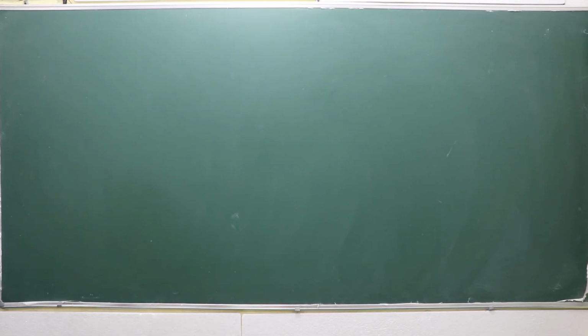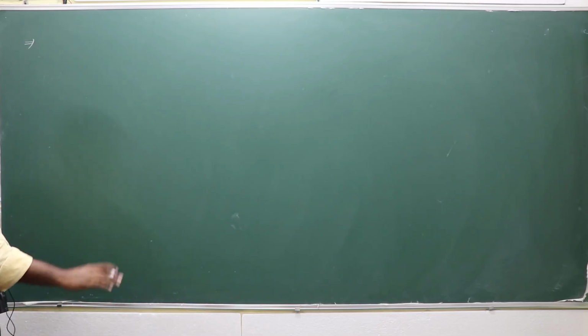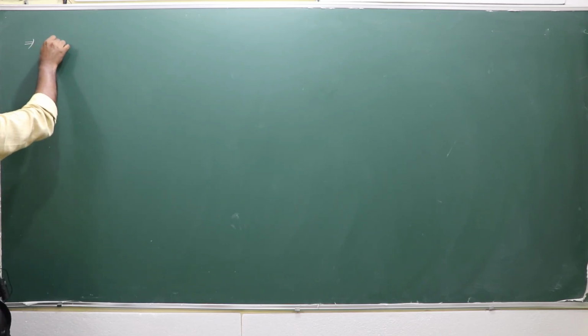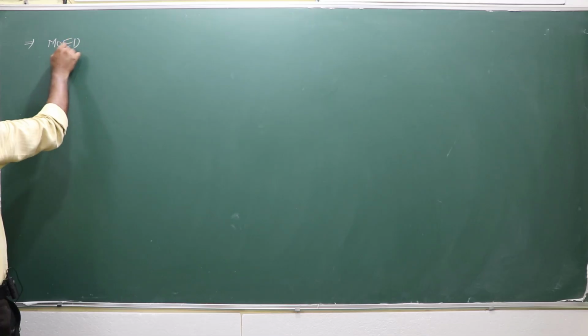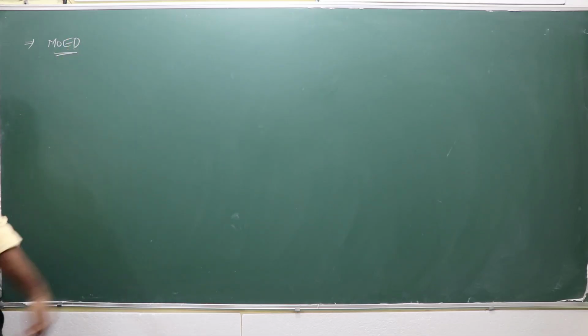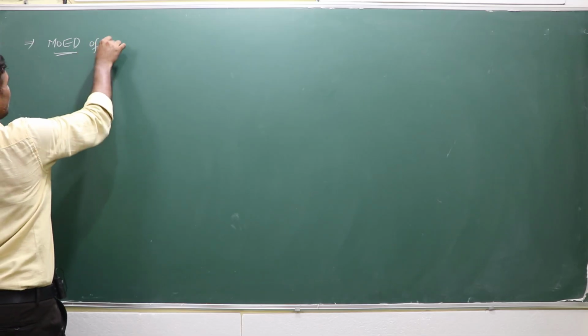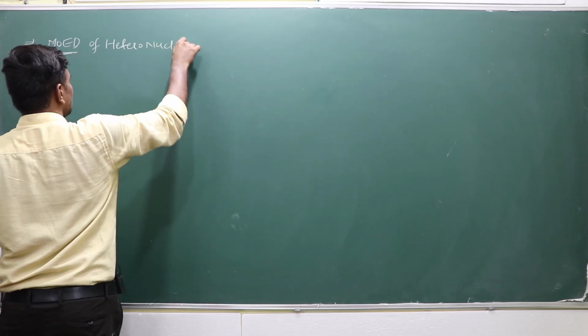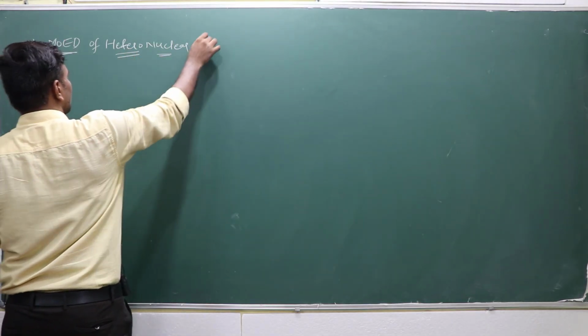Next, in another case, we have seen the earlier one, homonuclear diatomic molecules of the first row and second row. Now the molecular orbital energy level diagram, MOED, of some heteronuclear diatomic molecules.